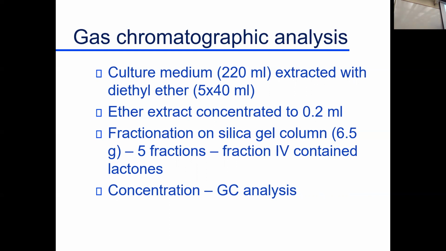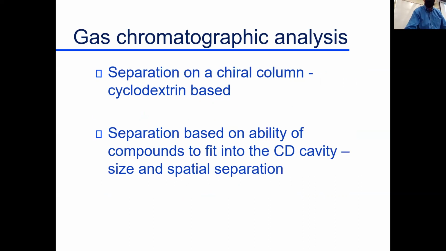You could actually put that onto just a glass column and do some further separation. Usually you don't have to. In this example, they did do a separation, so they concentrated, did a column chromatography, and then chromatographed each fraction of it. So doing GC analysis on the final product works very nicely.